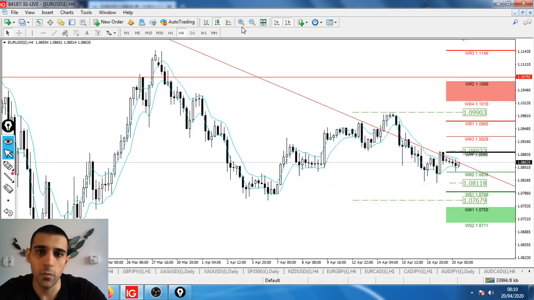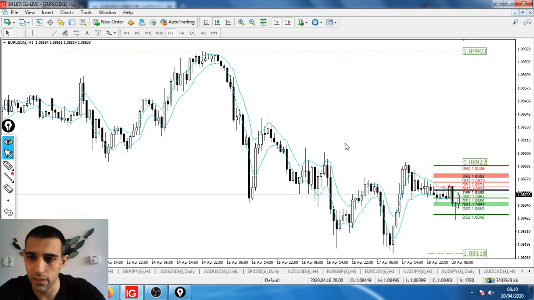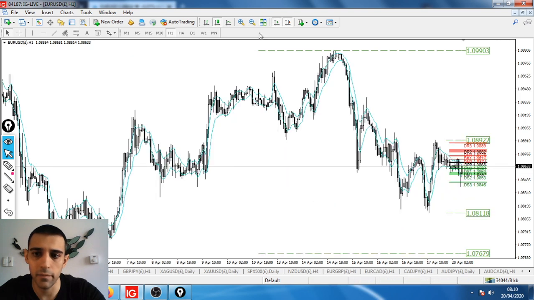So again, 4-hourly time frame, we see, okay, now the price is coming up. The one thing is we have this weekly pivot in here which has not been tested yet. So let's go to the 1-hourly time frame, so we have a bit of a clearer view.